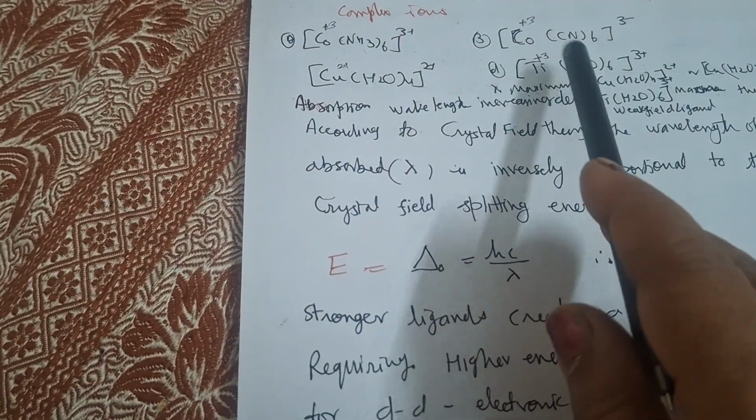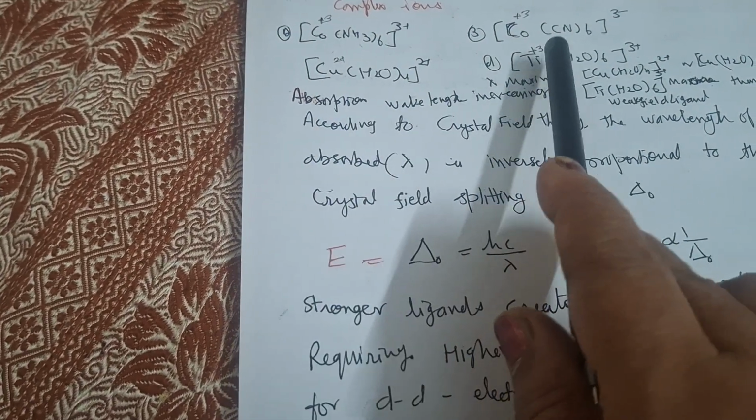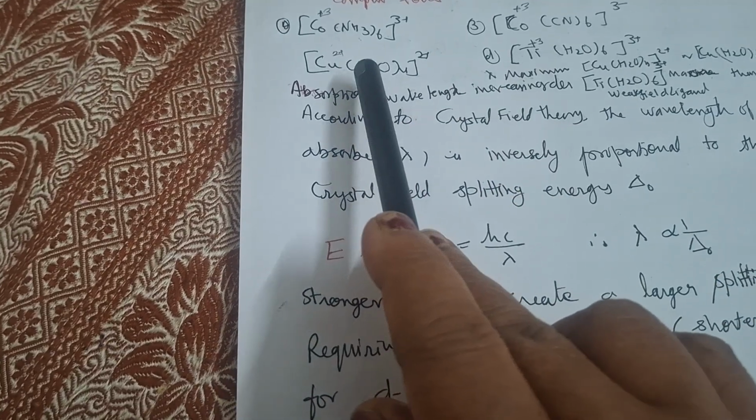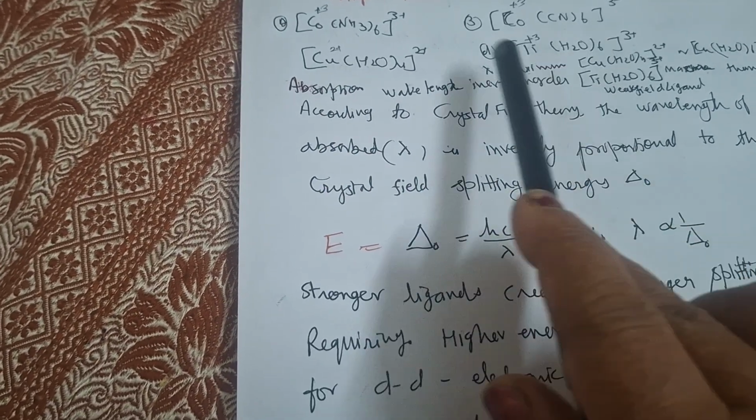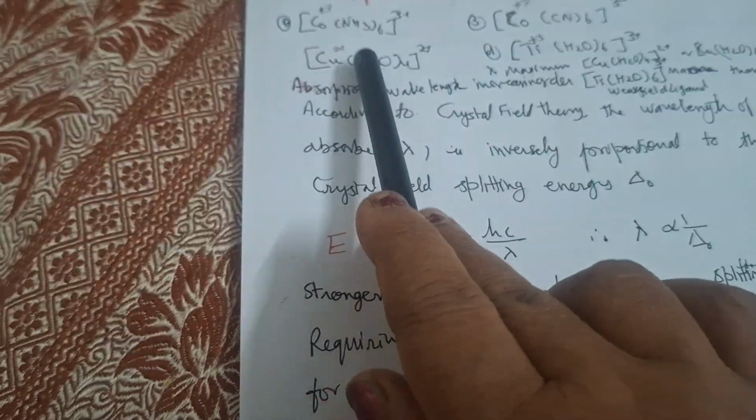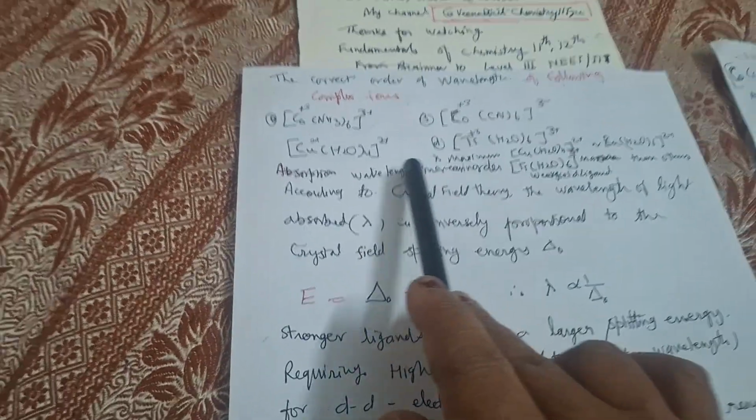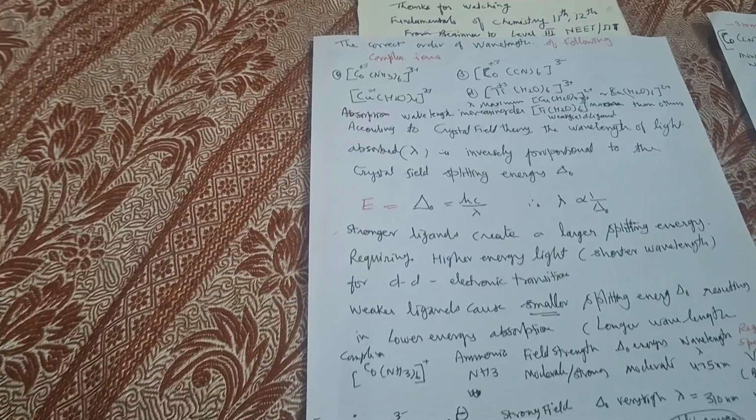Water is present in this complex and this complex, and water is a weak field ligand. But the oxidation state of copper is lower than titanium, so it will have the maximum wavelength.